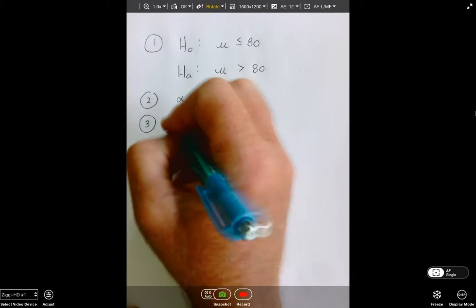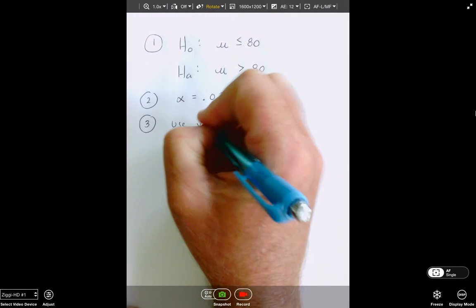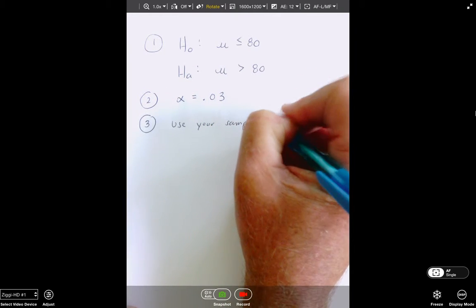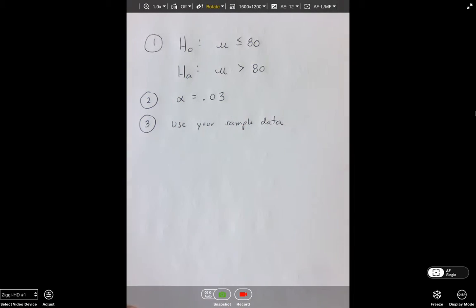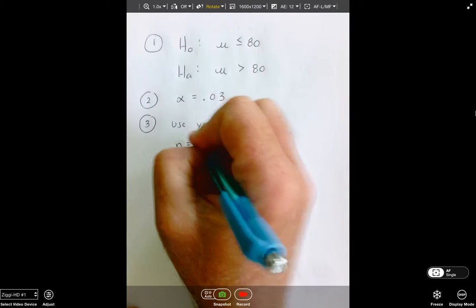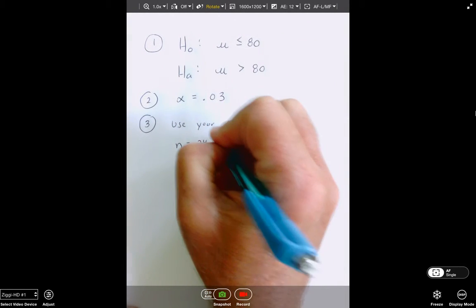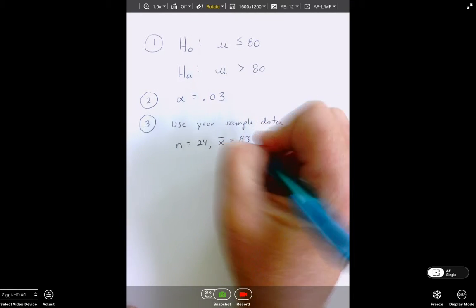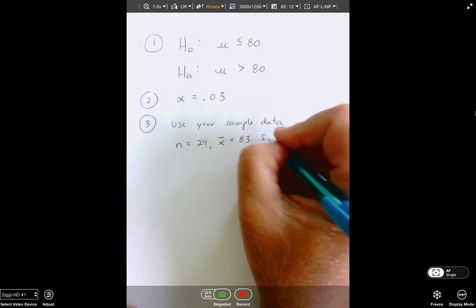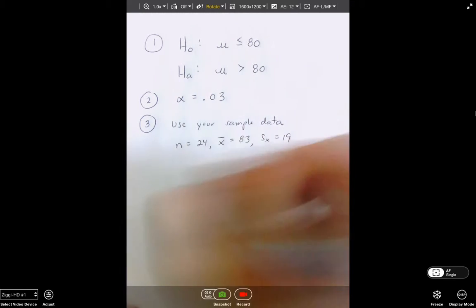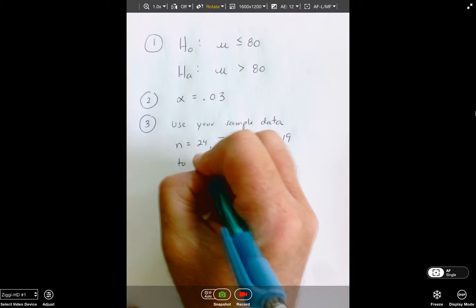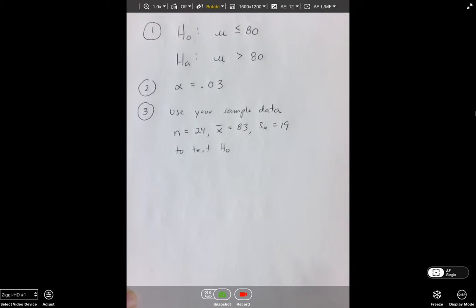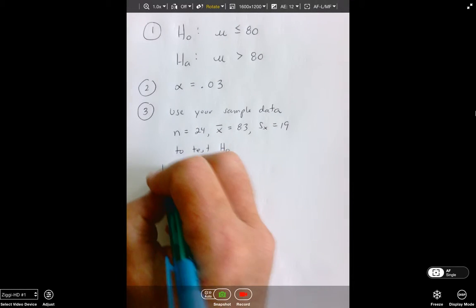Third thing, use your sample data to test H sub 0. You're going to do this twofold.